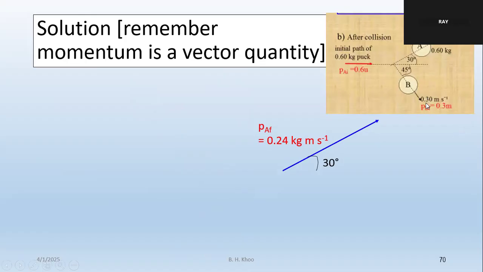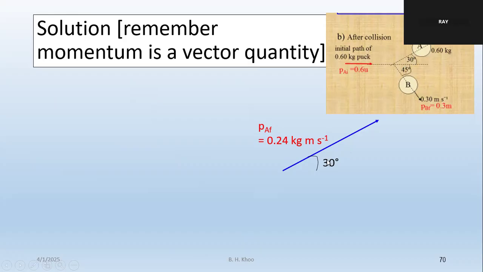Final momentum of plug B is mass M of B times the speed of B. We can start with either the final momentum of body A, or the final momentum of body B. Up to us, any choice we want for vector addition.